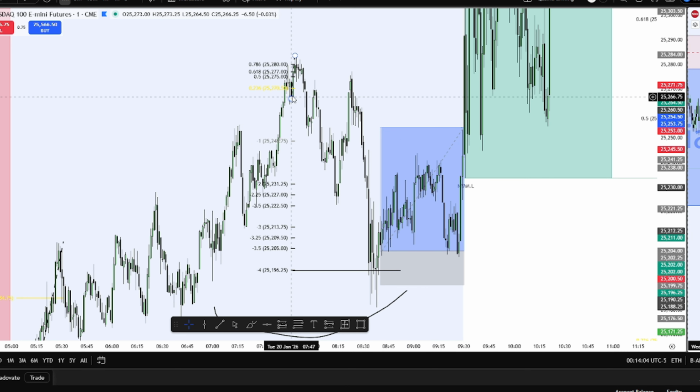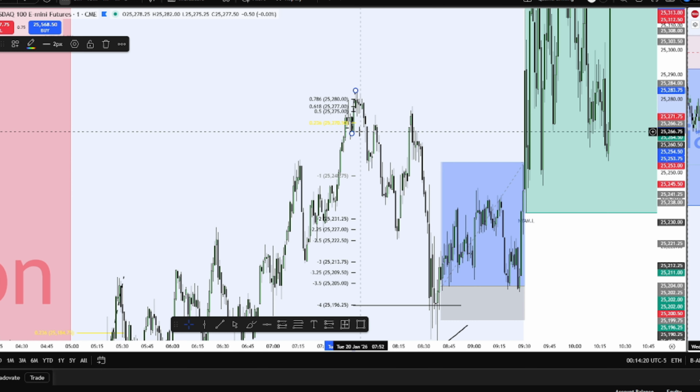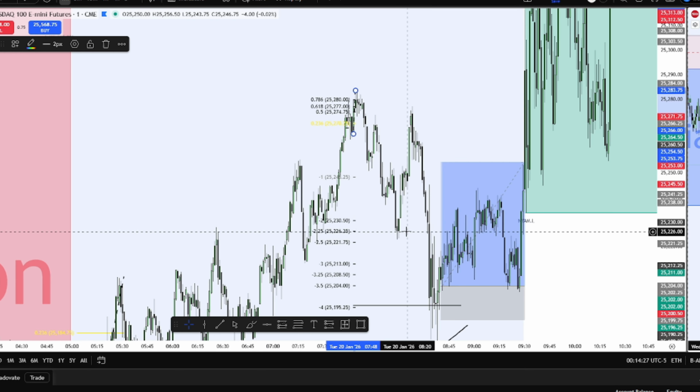I anchored my fib right here because we swept this low and this high. So I took my fib from the top of this wick to the bottom of that wick, as we can see, for a bearish wick.